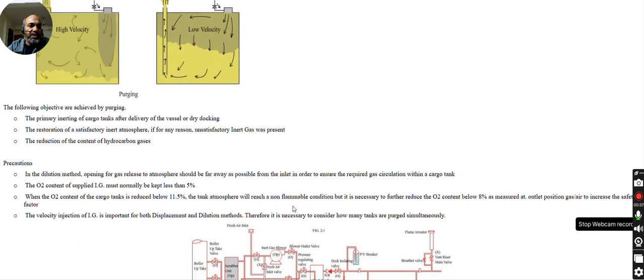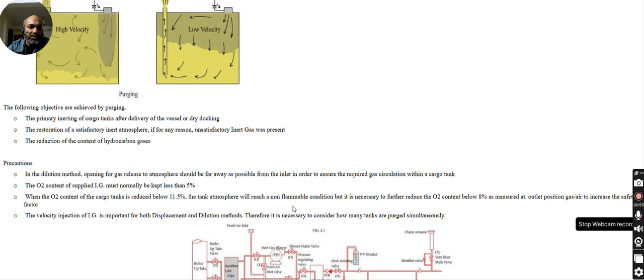This is basically the change of environment inside the tank. The initial condition is a tank full of hydrocarbon gas, which is flammable.